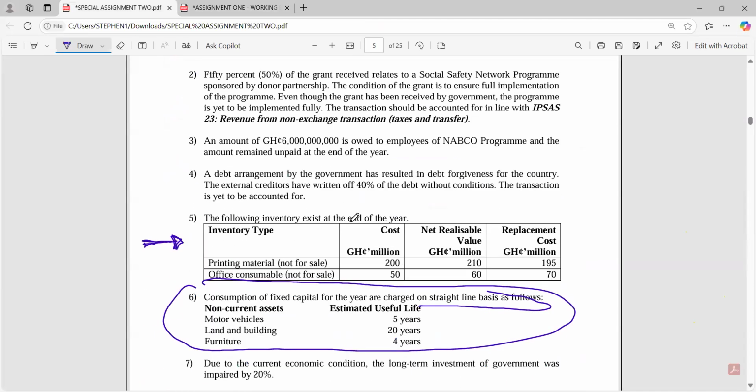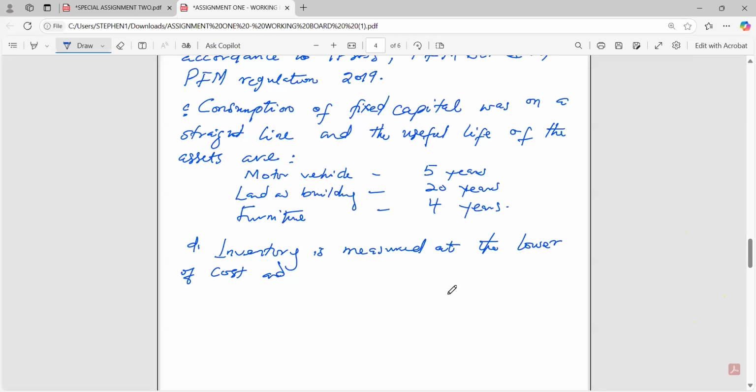There's a table. The following is at the year end. Printing material, not for sale. Consumable, not for sale. The inventories at the end of the year are not for sale. So inventory is measured at the lower of cost and the replacement cost, or current replacement cost. You know how you write it.